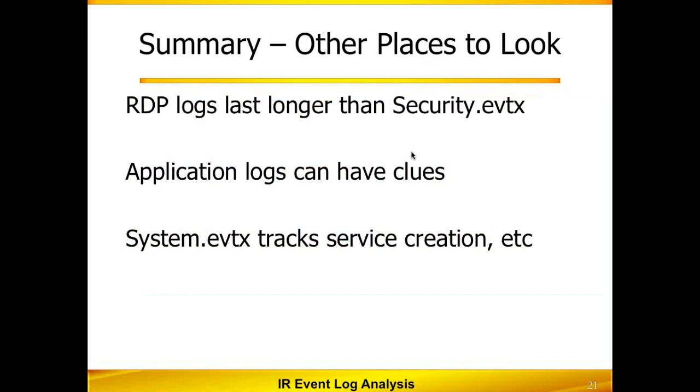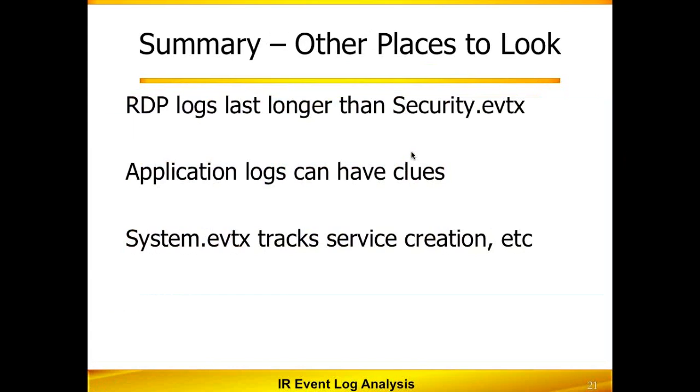So with this second example, what I really wanted to show you was, first off, even when you don't have your security event log, whether it's because it's eaten its own tail so rapidly that the events you want are gone, or because the attacker has removed the security event log, there's still lots of other places that you can go to look for signs of attacker activity.